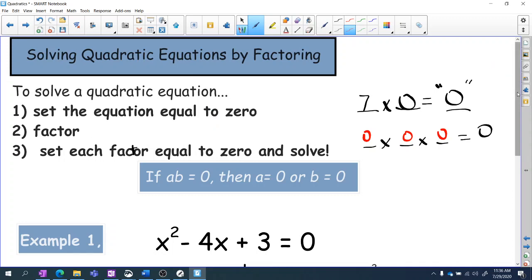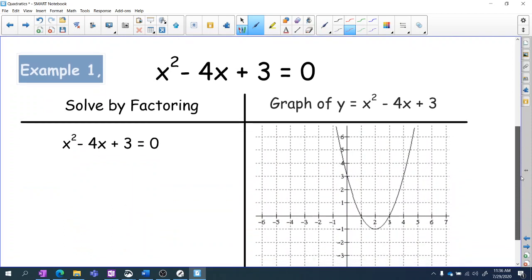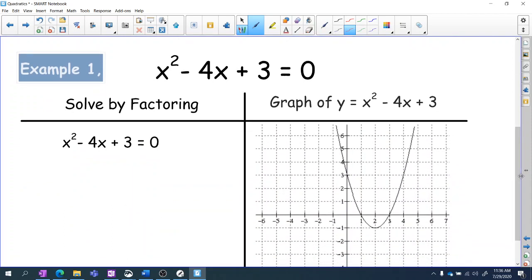So let's have a quick look then at this first quadratic. So here it is, x squared minus 4x plus 3 equals 0. And I'm going to factor the left side. I need 2 numbers that multiply to get 3, add to give minus 4, it's a simple trinomial. Those 2 numbers are x take away 3 and x subtract 1. Negative 3 times negative 1 multiplies to give plus 3.